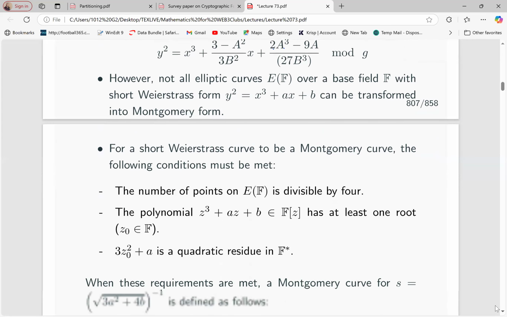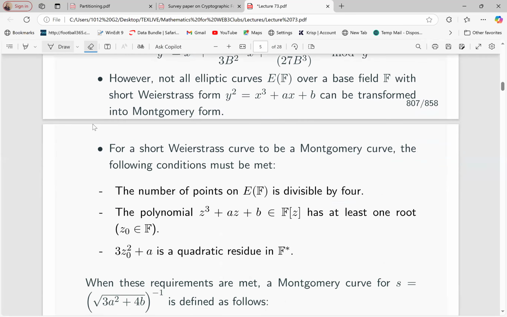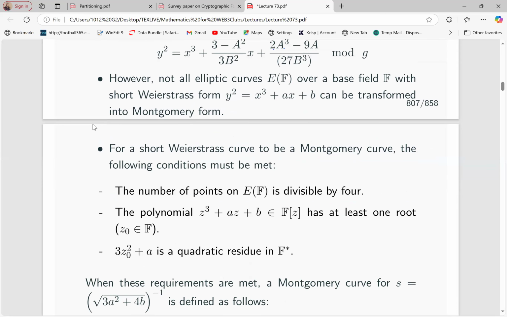The conditions that a short Weierstrass form of elliptic curve should fulfill for it to be convertible to Montgomery are the following. One, the total number of points, or the order of the group formed by those points, should be divisible by 4.